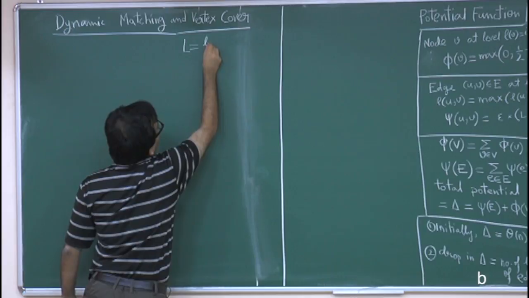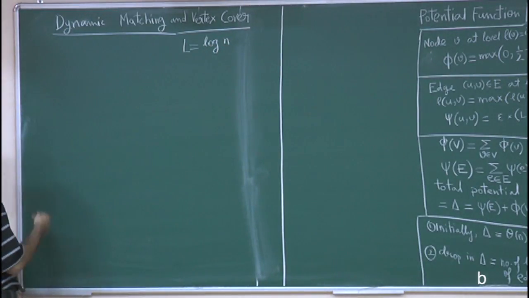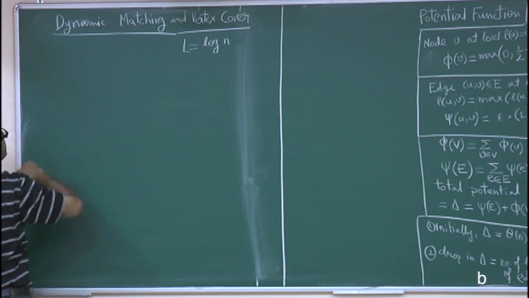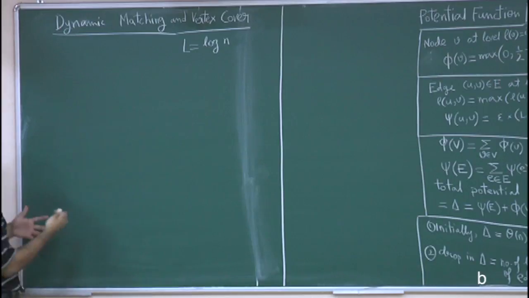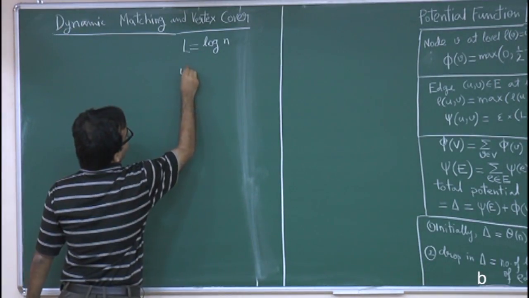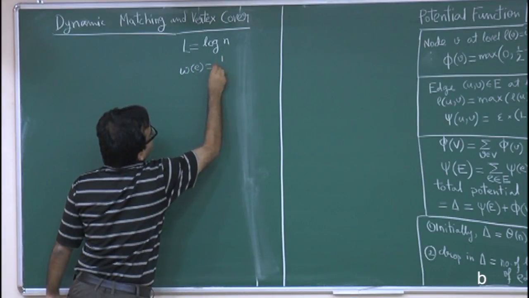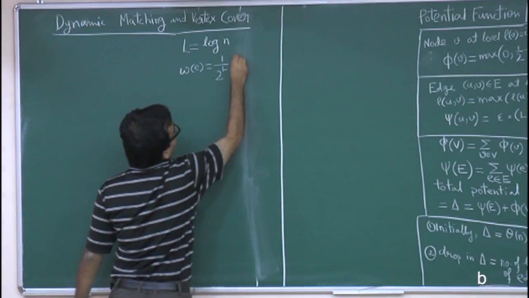You basically will partition the node set of the graph into log n levels as follows. You initially start with all the nodes in the graph and then you assign a weight of 1 over 2 to the power L to every edge.